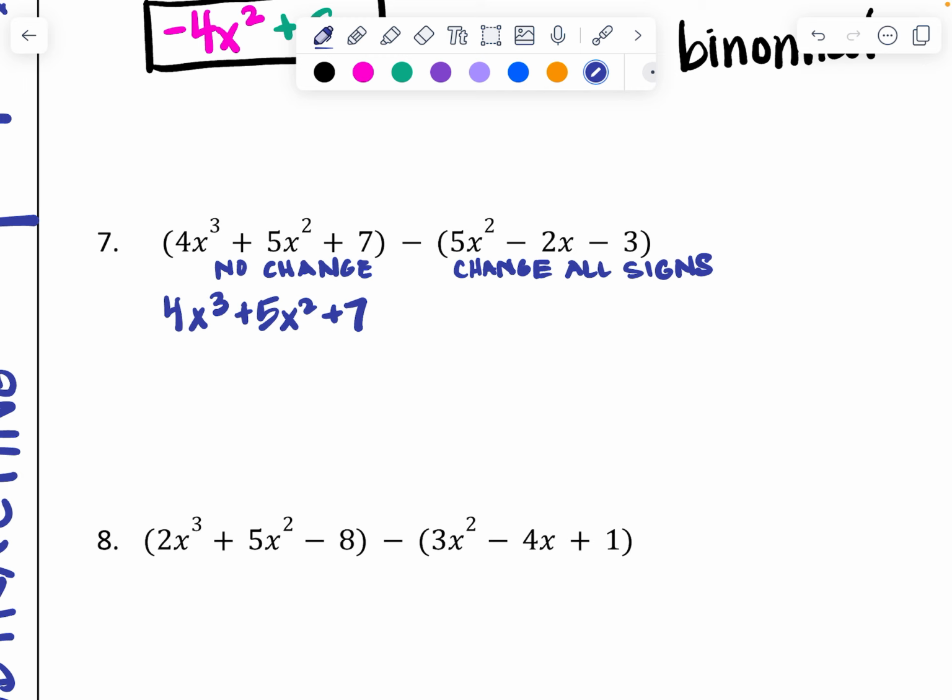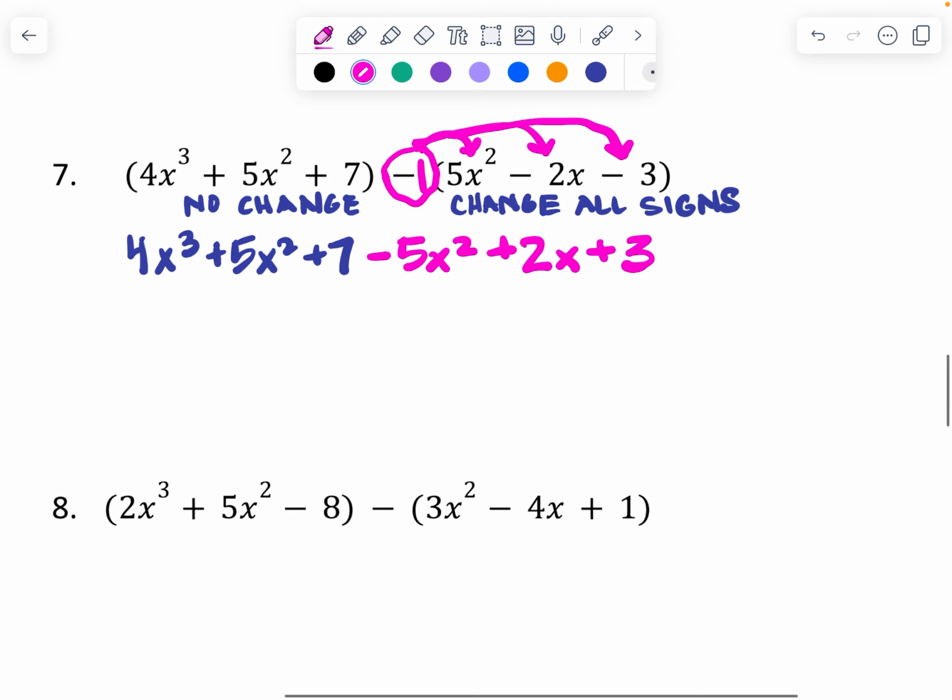You are distributing a negative 1 here. So when I rewrite this, instead of positive 5x, I'm writing negative 5x squared plus 2x plus 3. So now I will combine like terms, and I'll have my final answer.